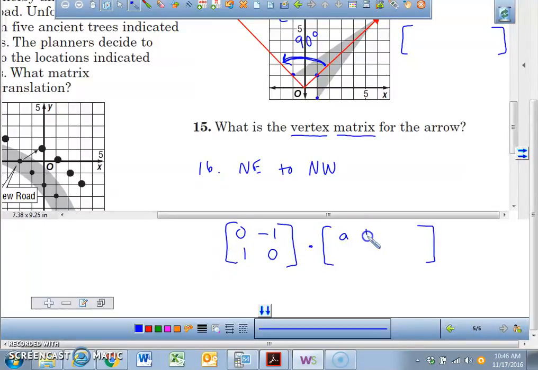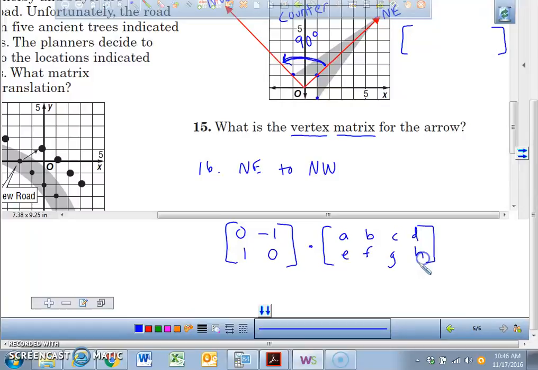So I'm just going to pretend right here I have A, B, C, D, E, F, G, and H. Those are my coordinates. Now, what is the -1 going to be multiplied to? All the numbers in the bottom. And what is the +1 going to be multiplied to? All the numbers that are in the top.